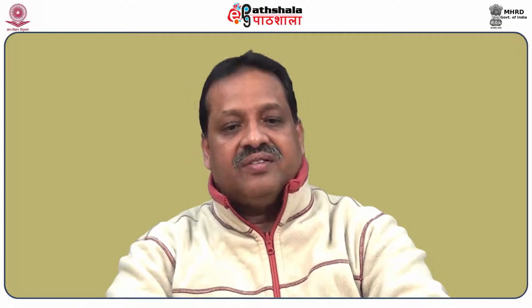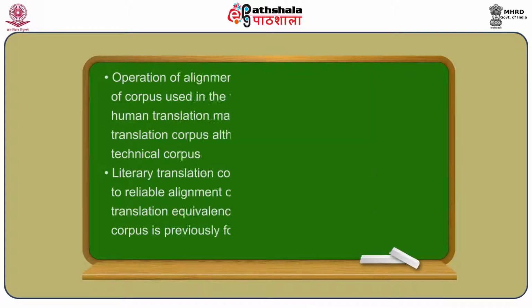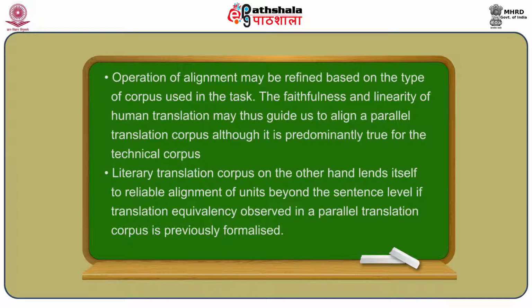In the case of non-technical texts, such as novels or fiction, alignment at larger units at paragraph level or chapter level will suffice. Therefore, the operation of alignment may be refined based on the type of corpus used in the task.